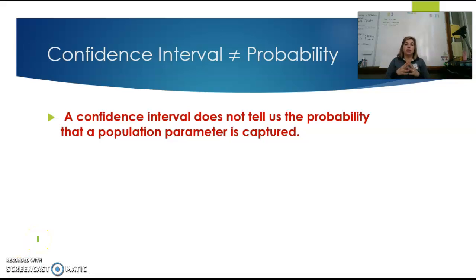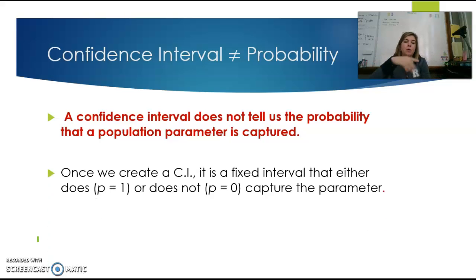I want to include this. It's very important that a confidence interval does not necessarily mean the probability of something. So it's not a 95% probability. It just tells us with a certain amount of confidence where the parameter could be. Once we make that confidence interval, it is a fixed interval, and the probability that it does or does not capture the parameter is pretty black and white.